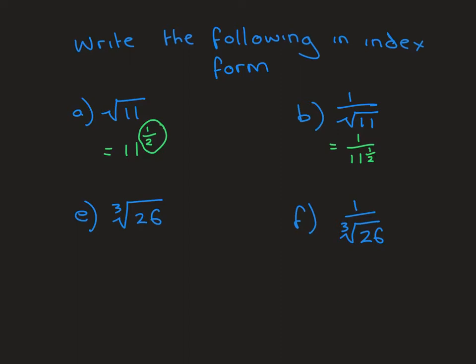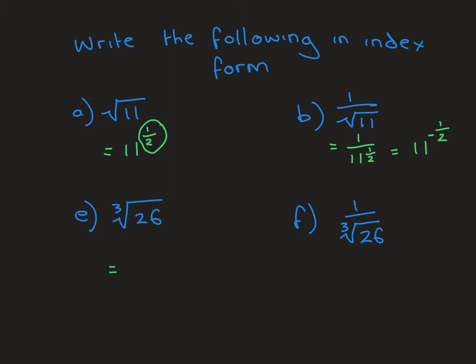Okay. Now, we know that 1 over any number is the same as that number to the negative power. So that is then going to be equal to 11 to the minus 1/2. Okay, so we're just working backwards in the opposite direction as what we were previously.